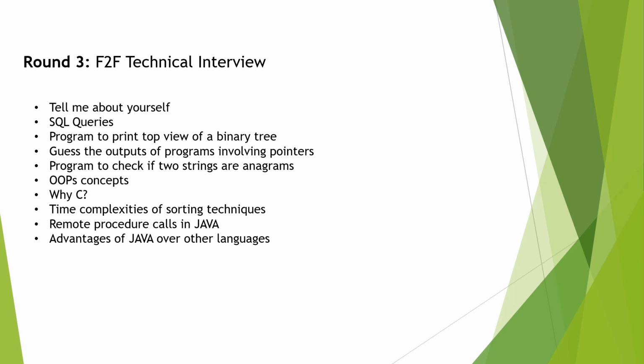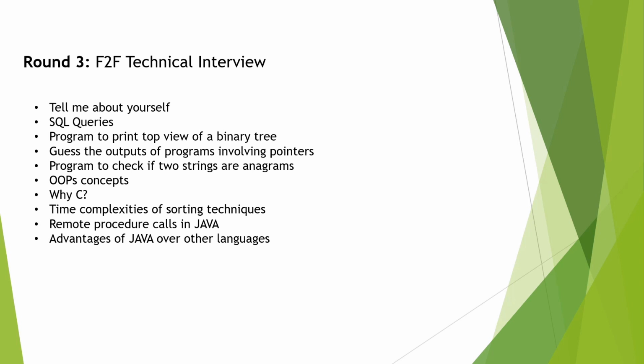Then he asked me what anagrams are and to write a program which prints whether the given 2 strings are anagrams or not. For this, I gave him a basic approach using sorting techniques, and he asked me to come up with an optimal one. So I explained another solution using maps, and he was pretty satisfied with my approach.